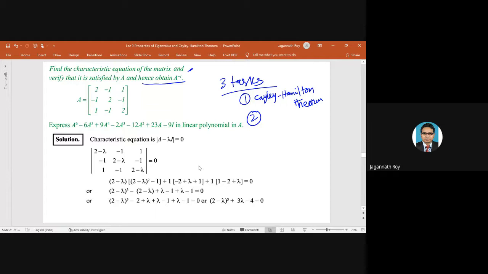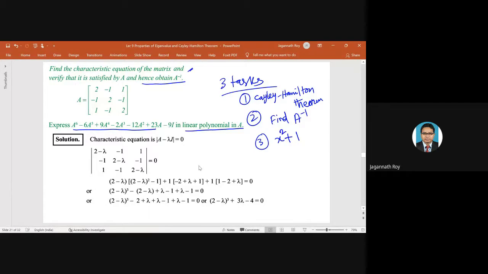Second task is to find A inverse. And third task is to express this quantity in terms of a linear polynomial. So what is a linear polynomial? A linear polynomial is of this form, x plus 1 is a linear polynomial.